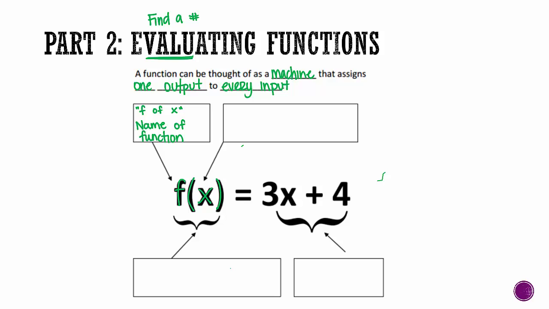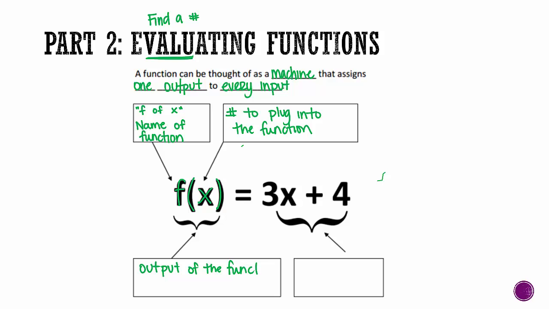But whatever is inside of these parentheses, this x, this tells you what number to plug into the function. So x is just kind of a placeholder. This whole thing right here is the output of our function.